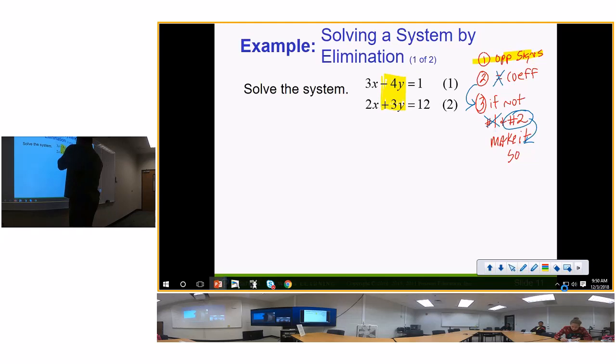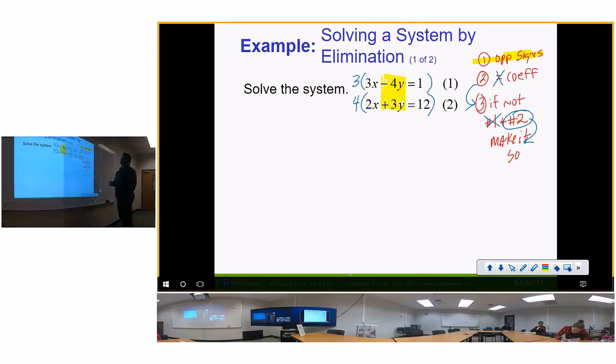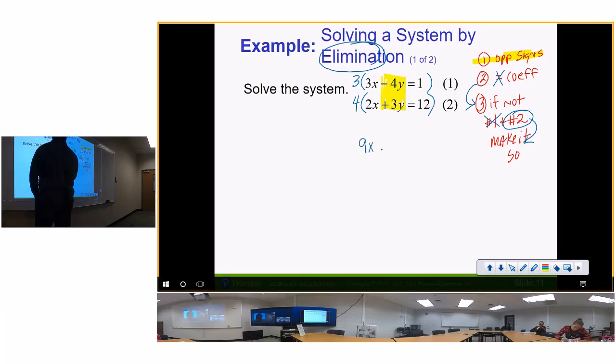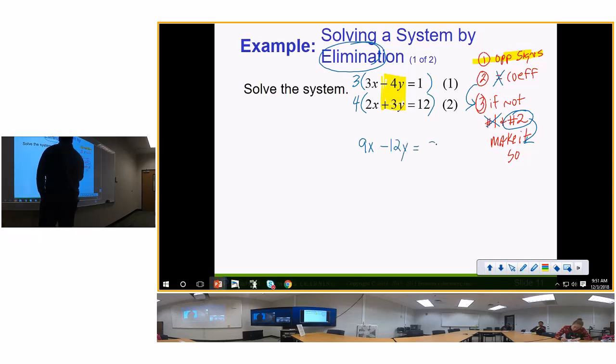So I've got to multiply the top by 3 and the bottom by what? 4. Now the reason I do that is because I want the y term to do what? Cancel. Eliminate. Thank you. So 9x minus 12y is equal to 3.